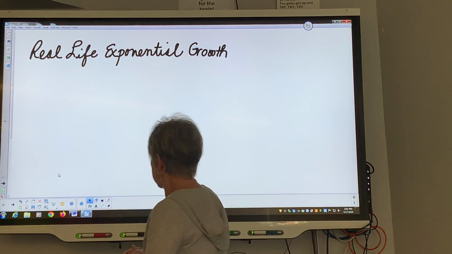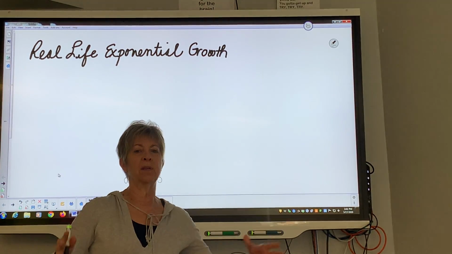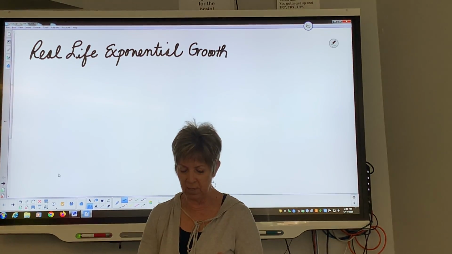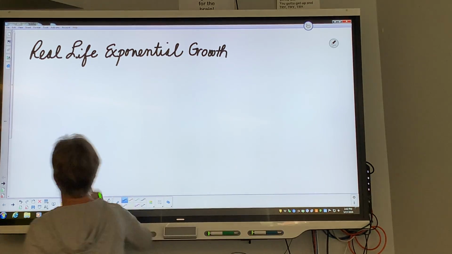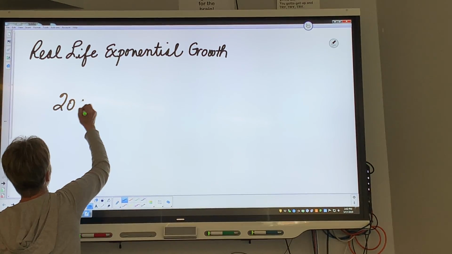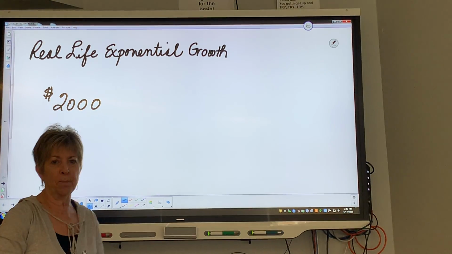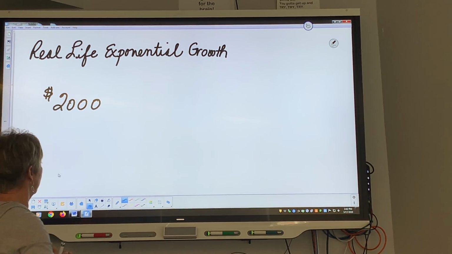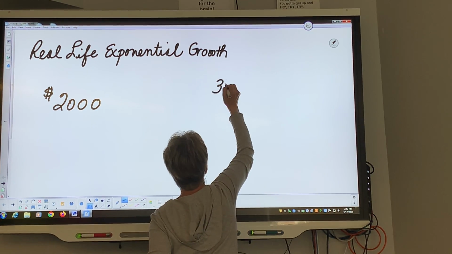So let's suppose you had $2,000 saved up. You saved everything since your first communion and every birthday and your 8th grade graduation and confirmation. Instead of keeping it under your mattress, you're going to put it in a savings account that you're lucky enough to find, one that is going to give you 3% interest.